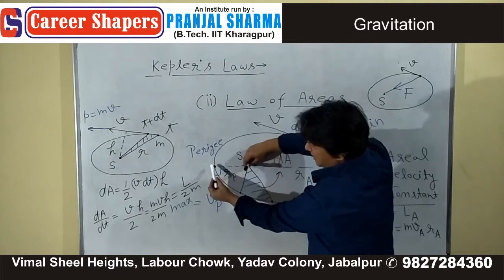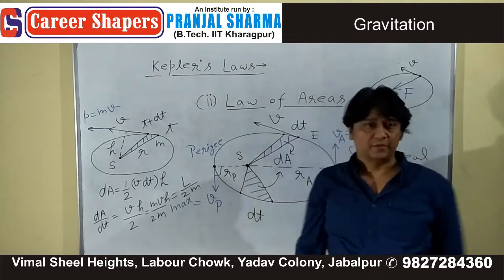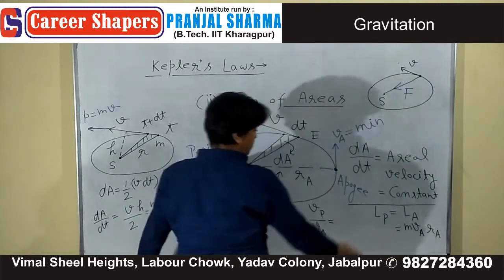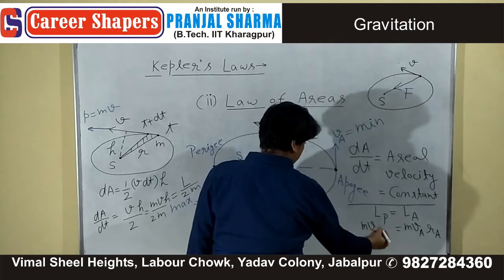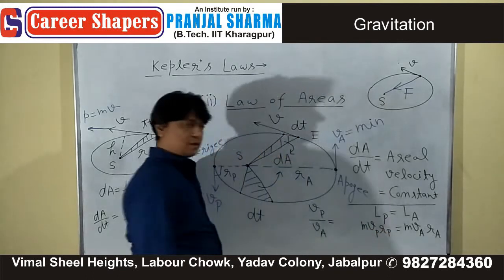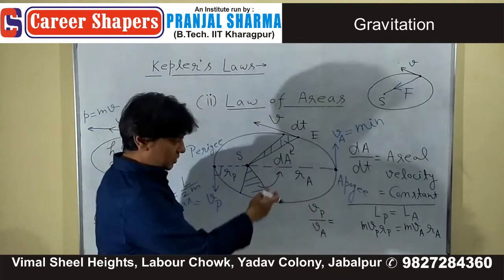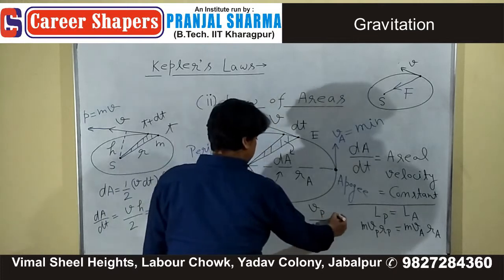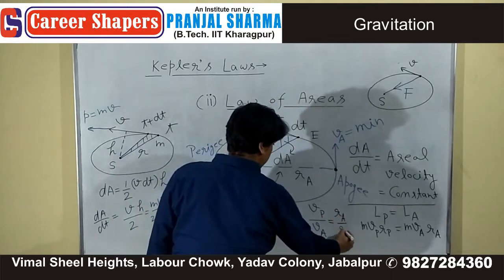The perpendicular distance you can see is this RP. And therefore, at perigee, your angular momentum is m into VP multiplied by RP. The aim is to find VP upon VA. You can see that VP upon VA is coming RA divided by RP.